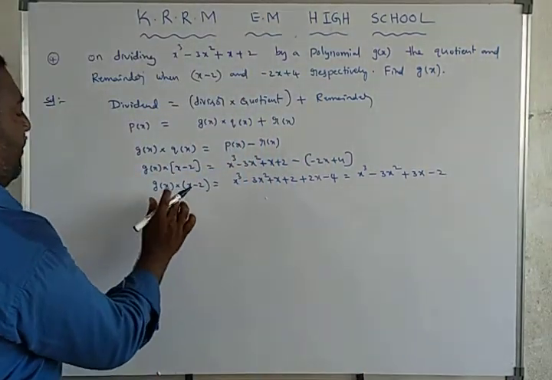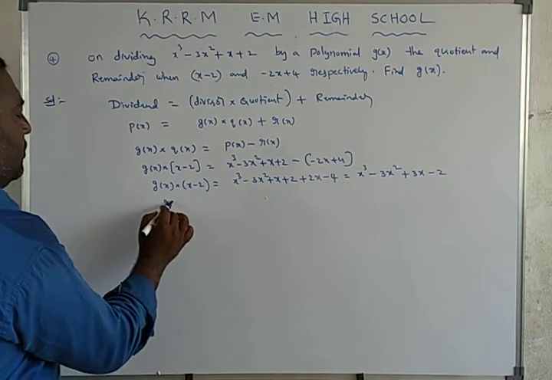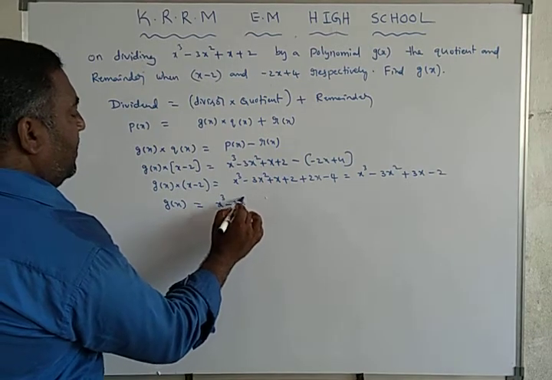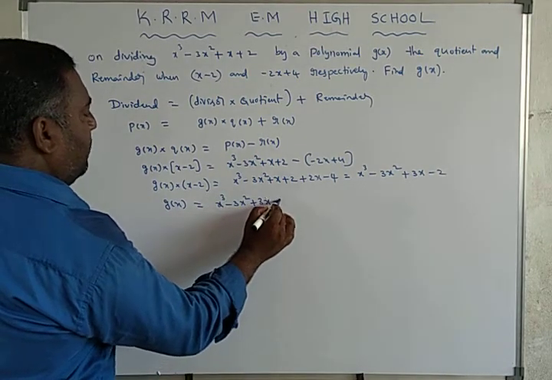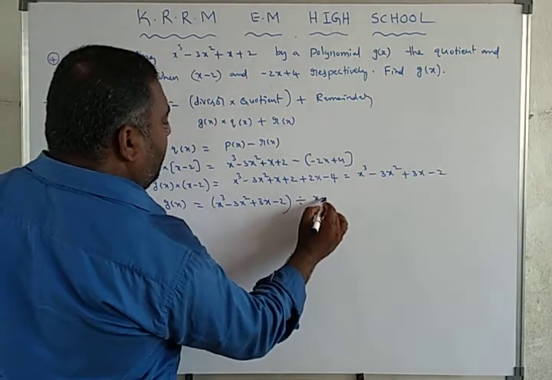Then transposing x minus 2 to the outside, g of x is equal to x cubed minus 3x square plus 3x minus 2 divided by x minus 2.